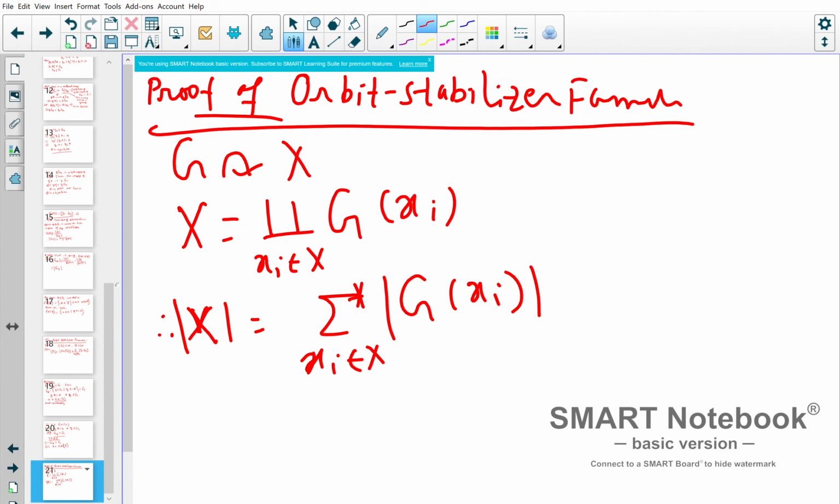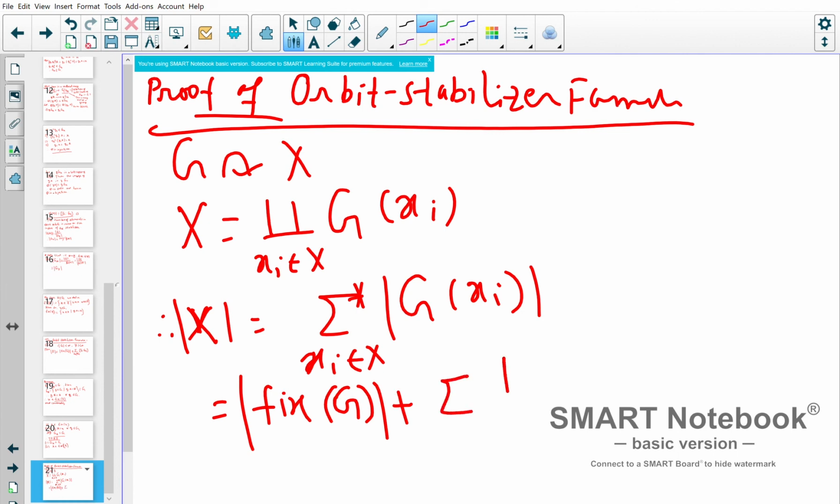Now we already showed that out of these elements x_i, a few will be in the fixed point set of G, and a few will not. So let us divide those two sets. One set will contain all the fixed points of G, so that cardinality, plus the remaining ones.